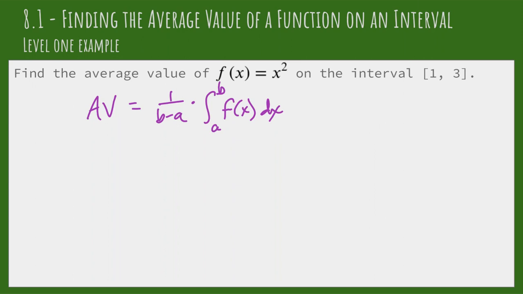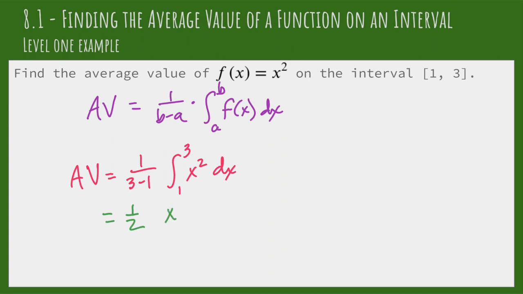So for this particular example, the average value is going to be 1 over 3 minus 1 times the integral from 1 to 3 of x squared with respect to x. This is not a calculator question, so we do need to evaluate this by hand. So we'll just have the 1/2 out front.